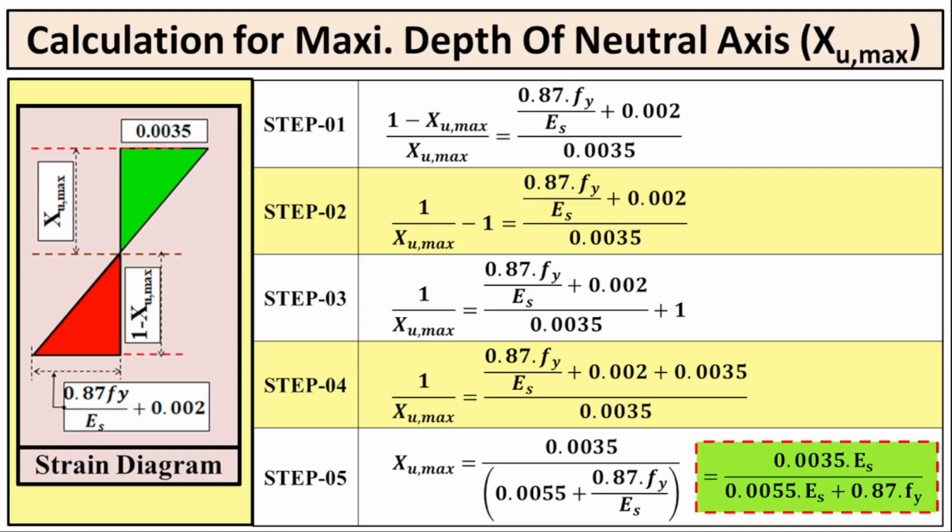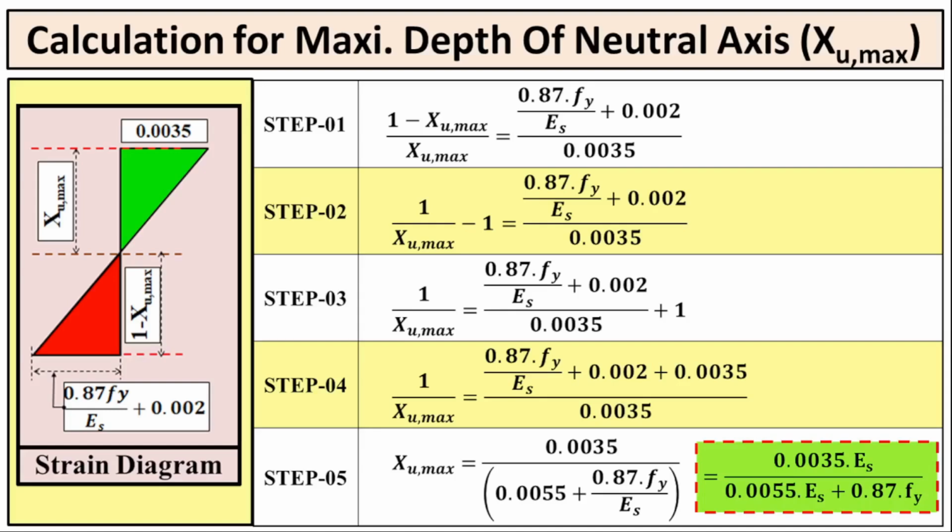The base of the green triangle represents the maximum strain in the concrete, which is 0.0035. It's important to remember that strain is a dimensionless ratio.